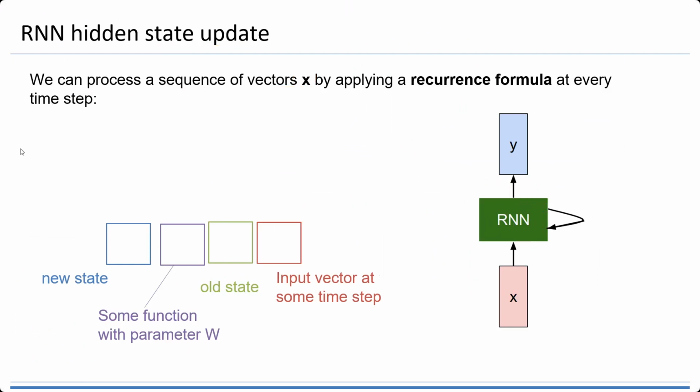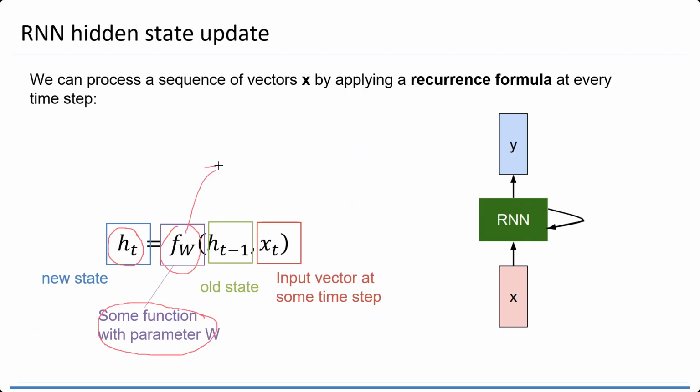And the formula will be something like this. The ht, we call it, this is a new state. And the ht will be determined by a function. A function here, it can be the activation function.